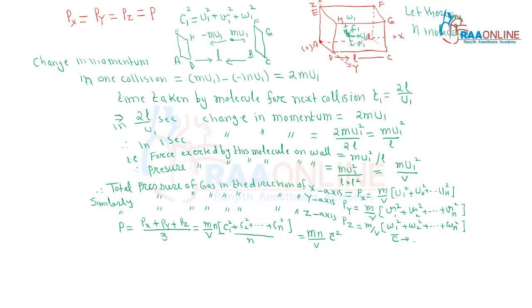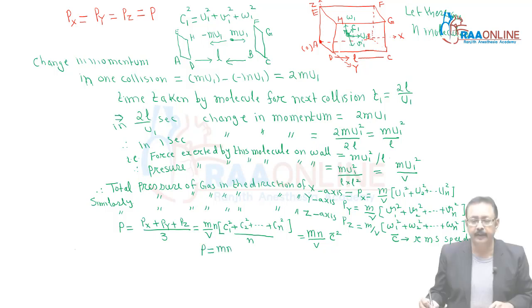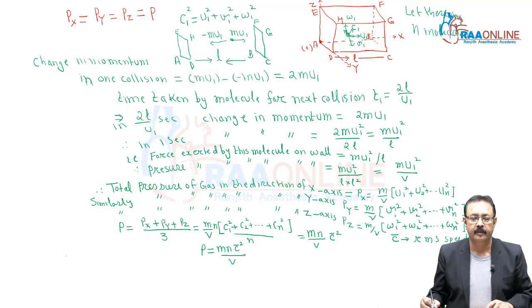It is known as RMS speed, root mean square speed. A very important RMS speed. This formula we got is a very important formula. All results you can make from this if you know this. Each numerical, each problem you can attempt.